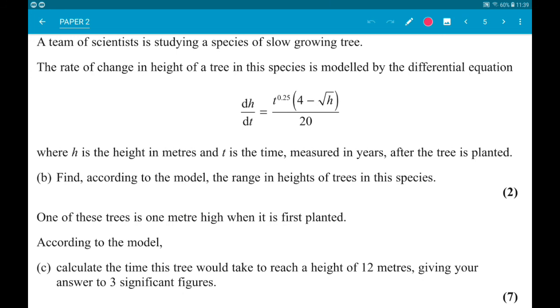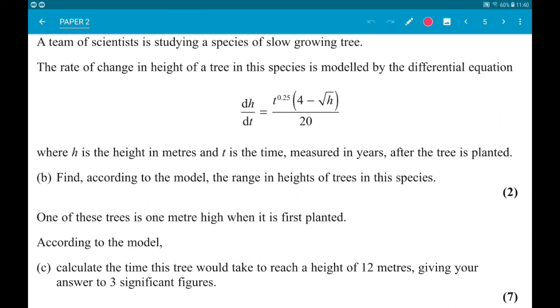Then for part B, a team of scientists is studying a species of slow-growing tree. The rate of change of height of this tree may be modelled by dh by dt is t to the 0.25 times 4 minus root h over 20, where h is the height in meters and t is the number of years since the tree was planted.